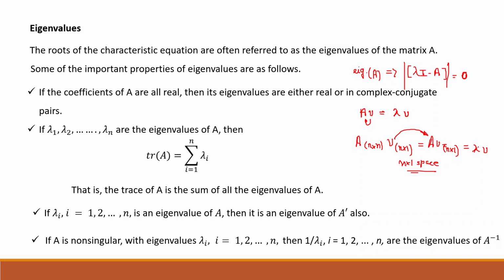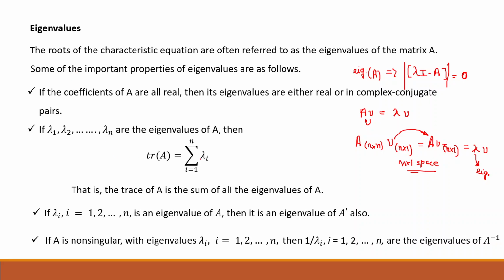Since it's a linear transformation, the constant multiplied with the same vector is known as the eigenvalue. If the coefficients of A are all real, the eigenvalues will be either real or complex conjugates. That's for sure, because a single complex term cannot be there, otherwise the coefficients would have been complex.